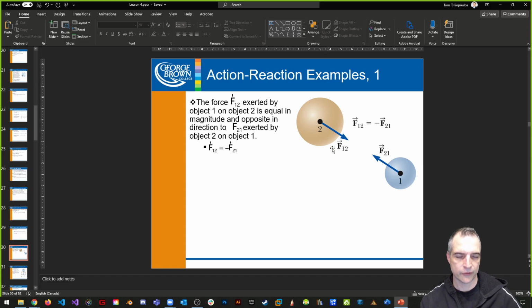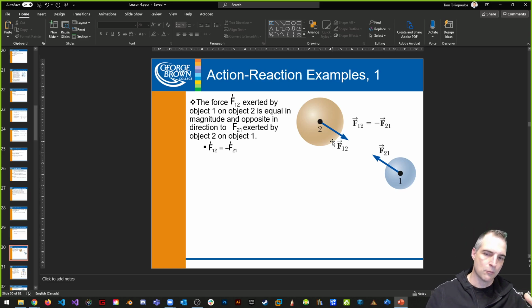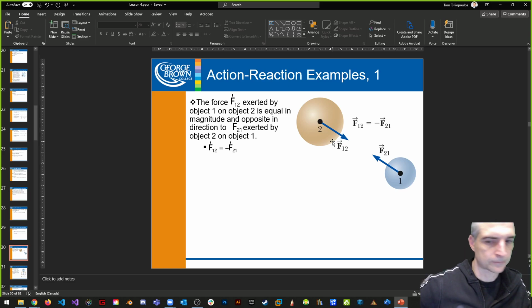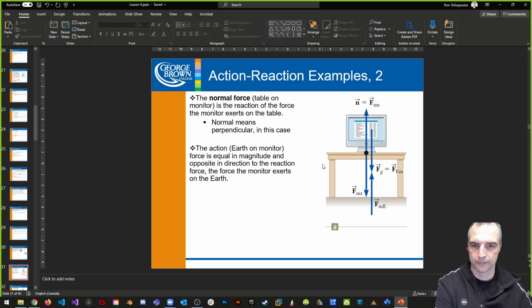But because of the mass of object 2, object 1 is going to move back way more than object 2 moves back along its initial path. They're going to collide and move in opposite directions, but you'll see a bit more motion toward object 1, and depending on how massive object 2 is, you might not even see much of a reaction as object 2 barrels through object 1. Okay? And we'll talk about that.